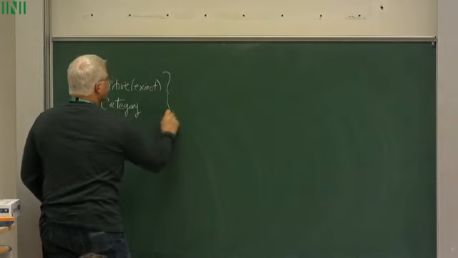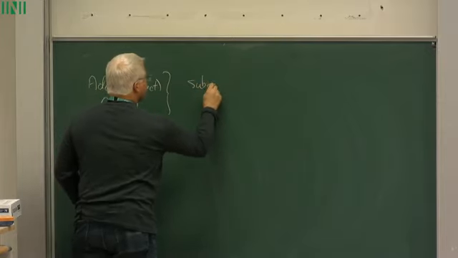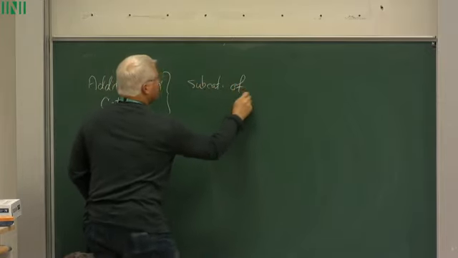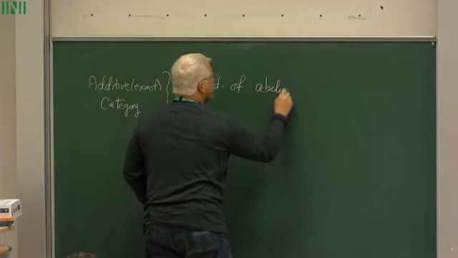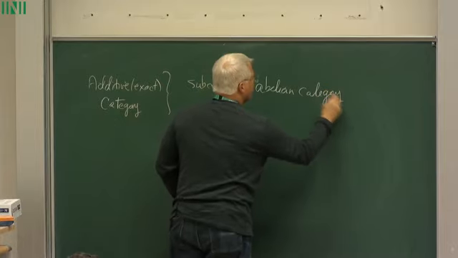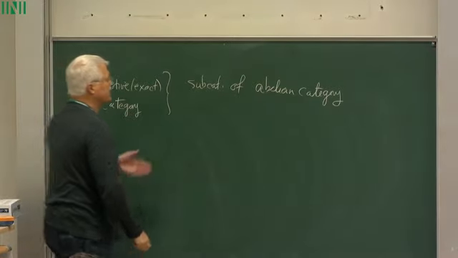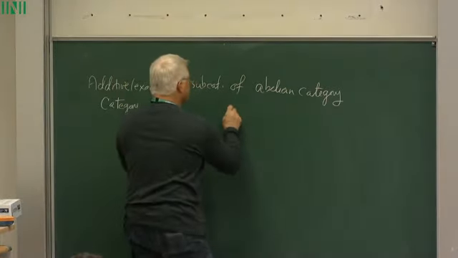And what is this? This is a category which is a subcategory of an abelian category. So this category lives inside of an abelian category, and it's closed under extensions.